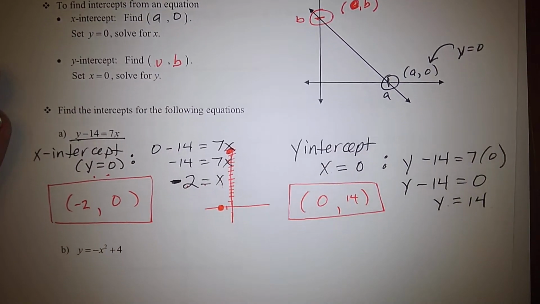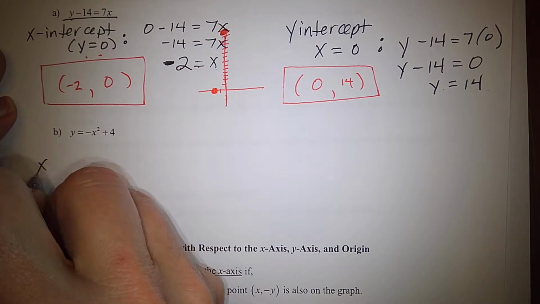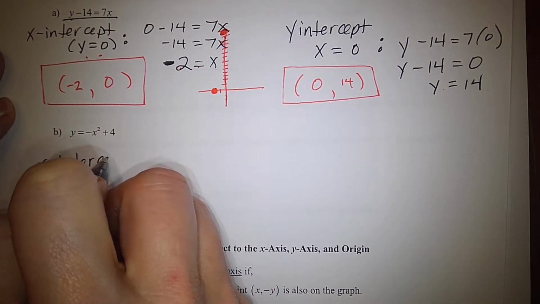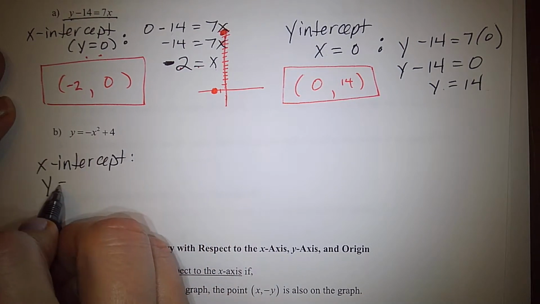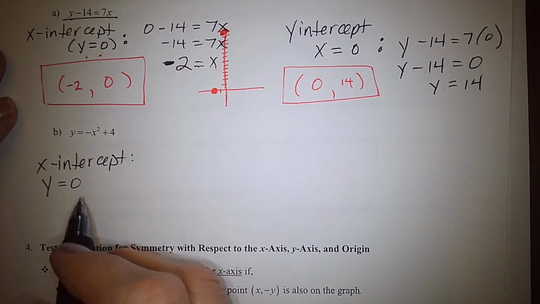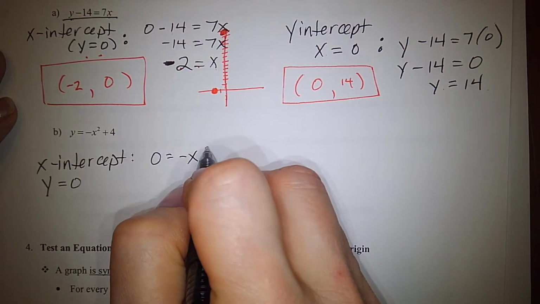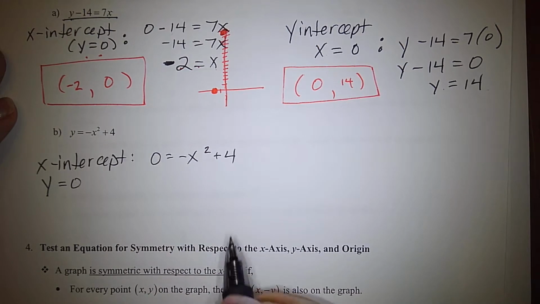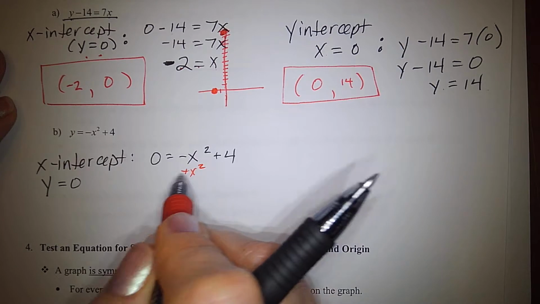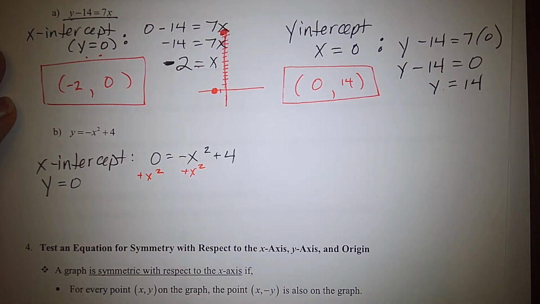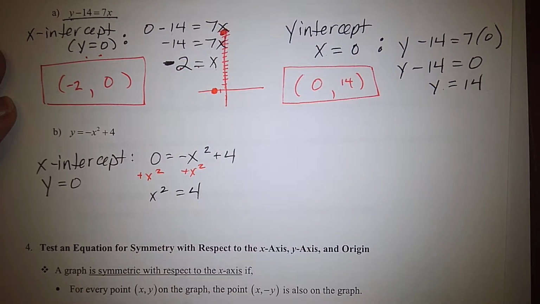Let's try another. In part B, let's do the same thing by finding the x-intercept. And remember, to find the x-intercept, set the opposite letter equal to 0. So I'm going to put y as 0 in there. That gives me 0 equals negative x squared plus 4. I'm going to add x squared to both sides. So that gives me x squared equals 4.